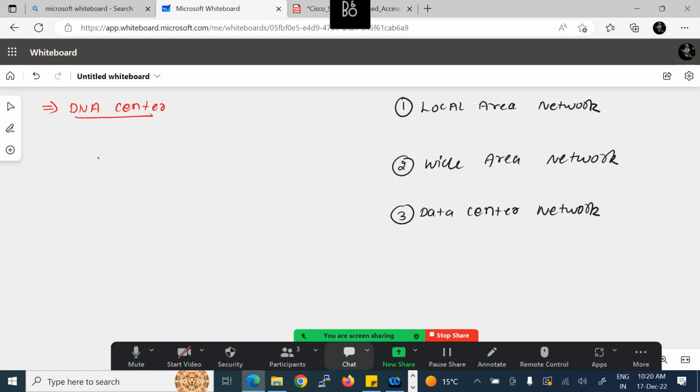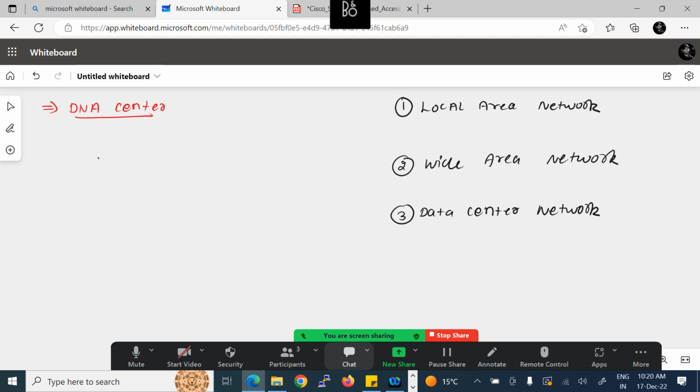No third parties are involved in that network. That's why campus area network and local area network follow the same approach, same technologies. Campus area network is just a big LAN. And then wide area network, then data center network. Personal area network, metropolitan area network, we are not going to discuss all of them. So local area network, wide area network, and data center network.